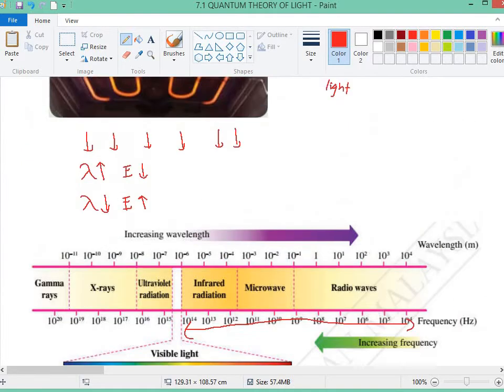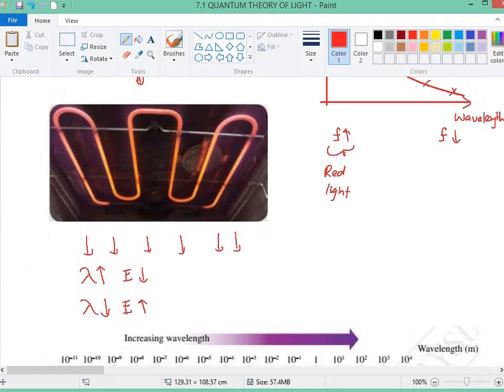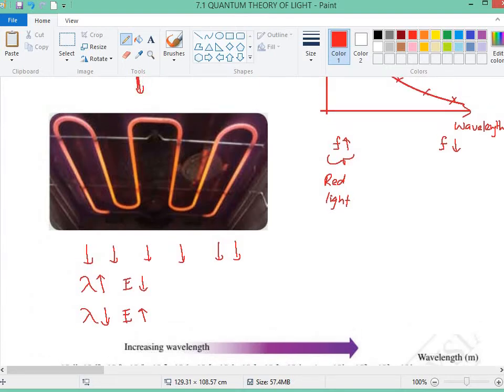That is why it has this kind of color. The heating element is like that.